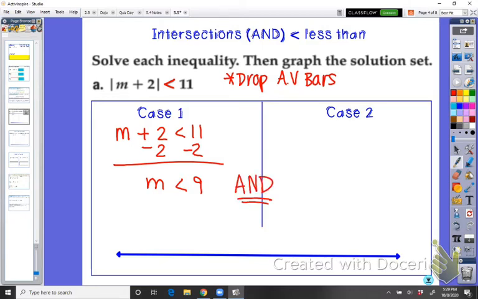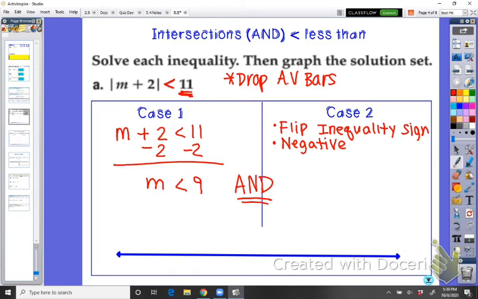Then we have to do case 2. In case 2, the only thing that changes, I call it the negative flip case, because you're going to flip the inequality sign, and then make what was the number on the right, like the 11 here, a negative and resolve it again.